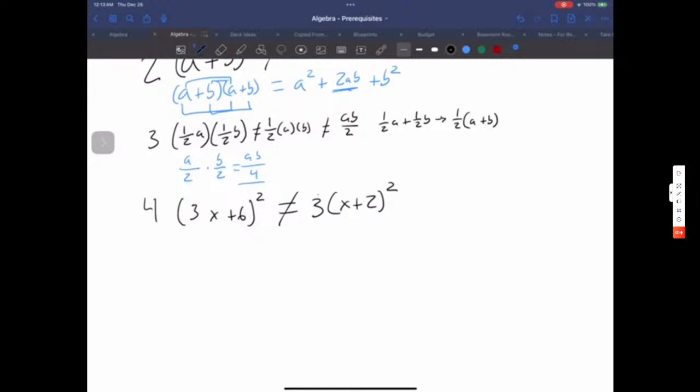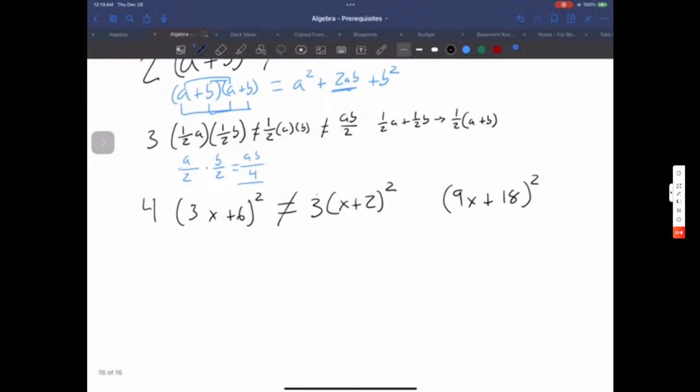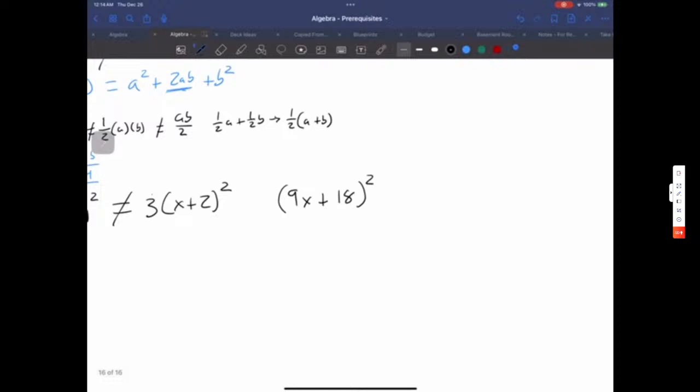Let's take a look at 9x plus 18, squared. If I leave everything in the bigger parentheses of the square, you have 9 times x plus 2, because I factored a 9 out from the 9x and a 9 out from the 18.